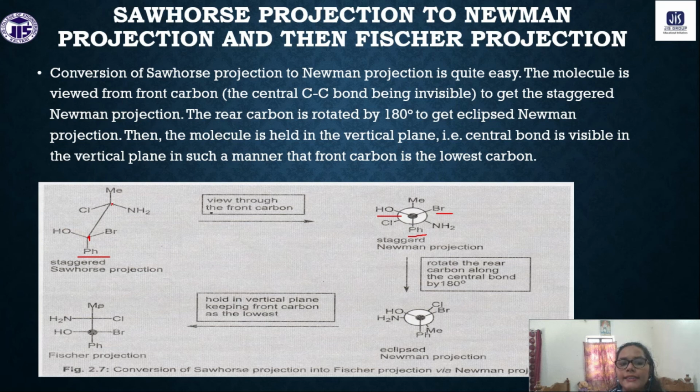Okay, next carbon is the C2 carbon. With this carbon atom we have the methyl group at the upper side, at the right hand side we have the NH2 group, and on the left hand side we have the chloride group. So thus the Sawhorse to Newman projection we can convert.